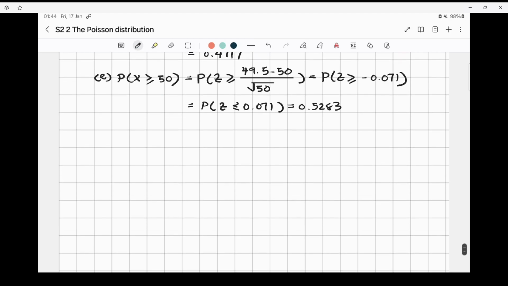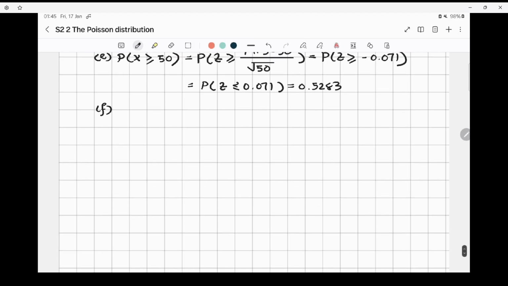So now there are 4 sets of very tricky questions. Let's look at the first one, F. So let's say you have P(52 smaller than X smaller than 56). So this is something that you need to be slightly careful.